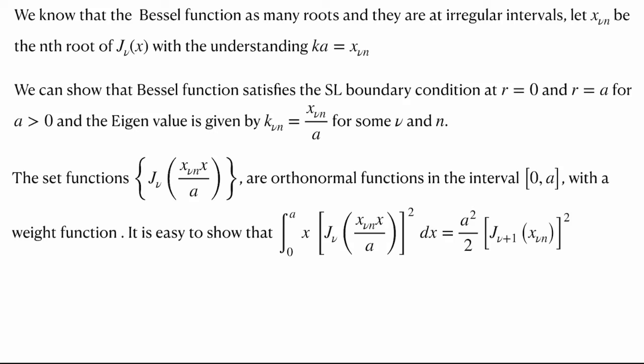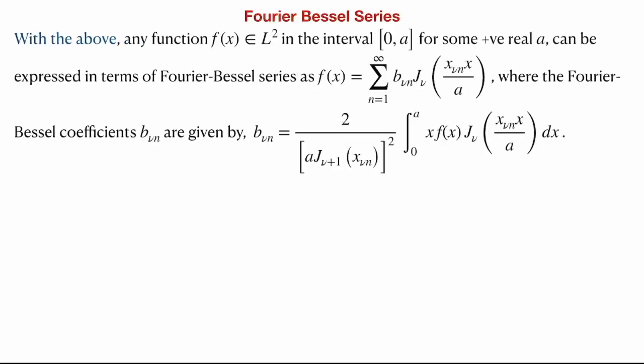This is how we use the Fourier Bessel series. We can have any L2 function in the interval 0 to a for some positive real number a.